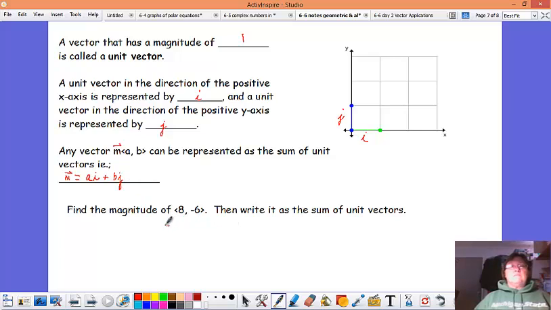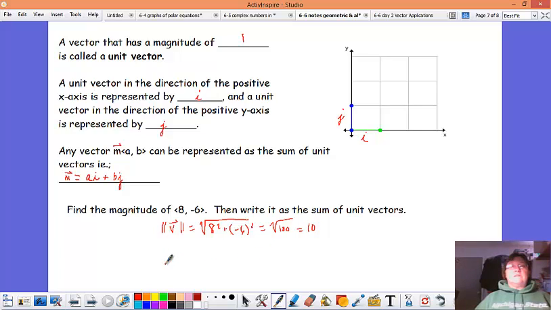This says that we should find the magnitude of this vector and then write it as a sum of unit vectors. So 2 different things here. I'm going to call it vector V since it didn't have a name. And to find its magnitude, I'll remind you that that's the Pythagorean theorem. 8 squared plus negative 6 squared. 64 and 36 is 100. We want the square root of 100, or 10 is its magnitude.